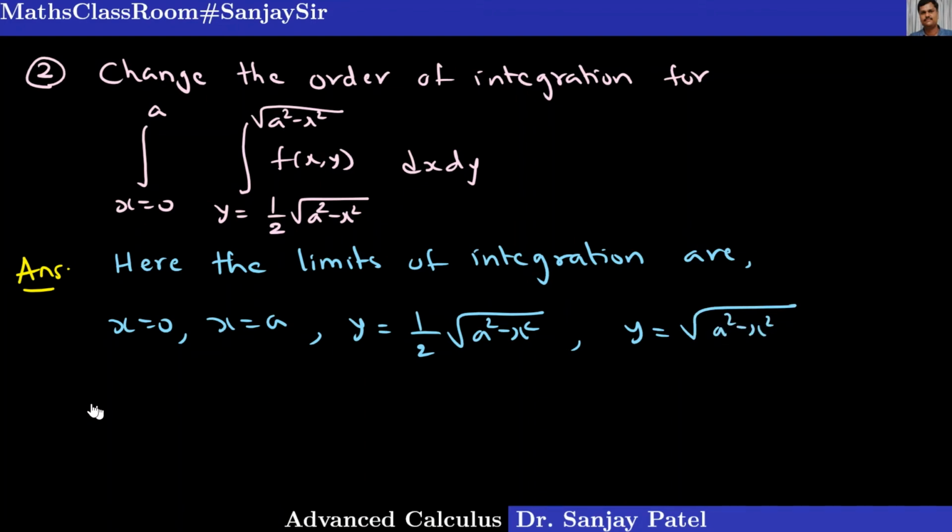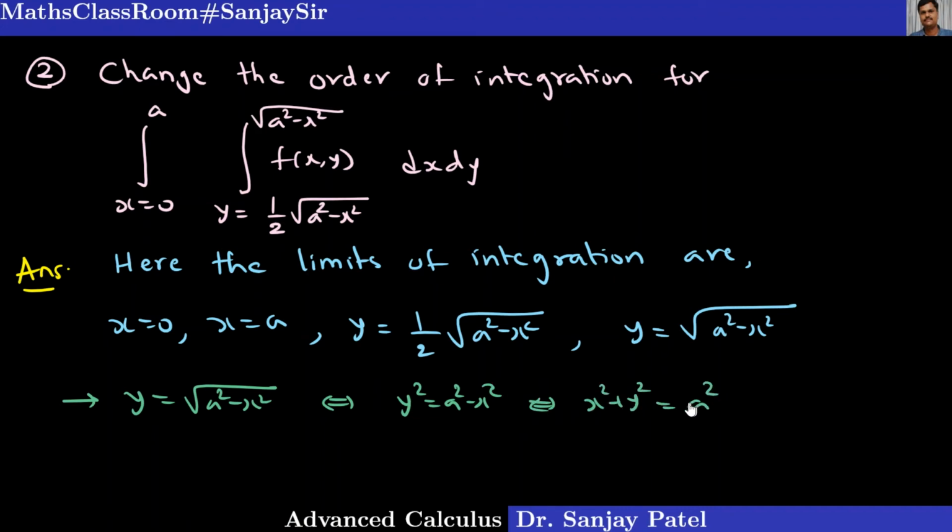So first of all, note that the curve y is equal to square root of a square minus x square is very simple. If you simplify by squaring both sides, you will get y square is equal to a square minus x square, and that gives you x square plus y square is equal to a square. So this is a circle.